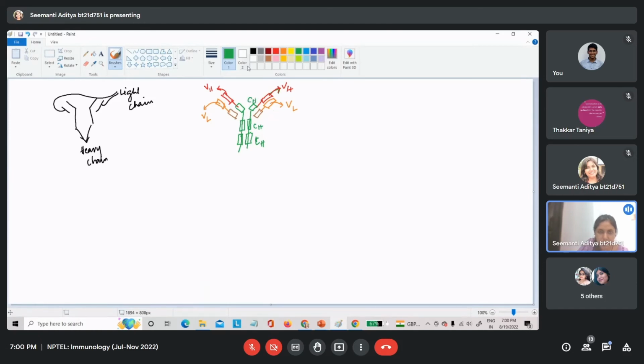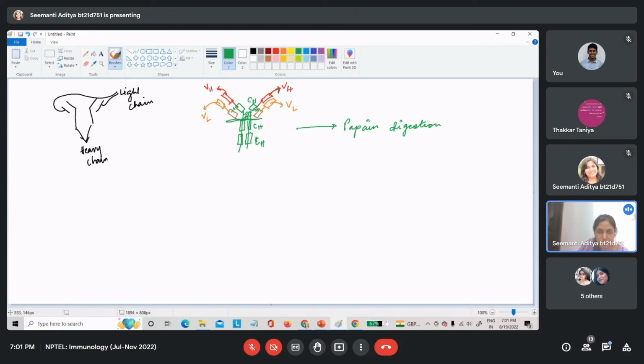We know that immunoglobulin molecules are joined with each other with the help of disulfide linkages. So this is the disulfide linkage between them. What papain digestion does is it is going to cleave your disulfide bond.